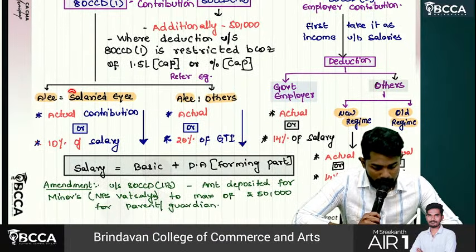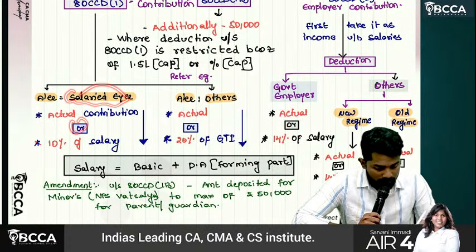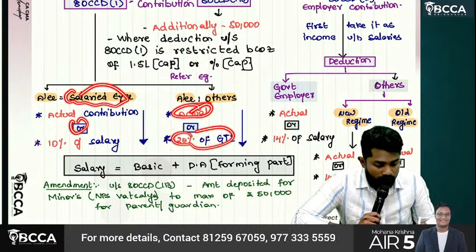So assessee is a salaried employee, then actual contribution or 10%; others, actual or 20% of gross total income.